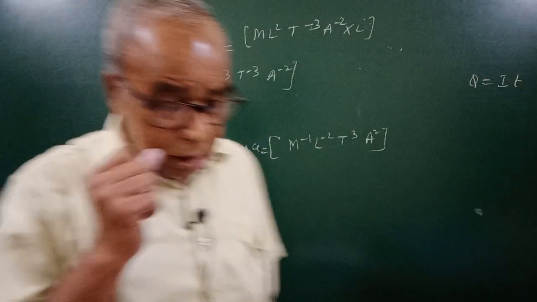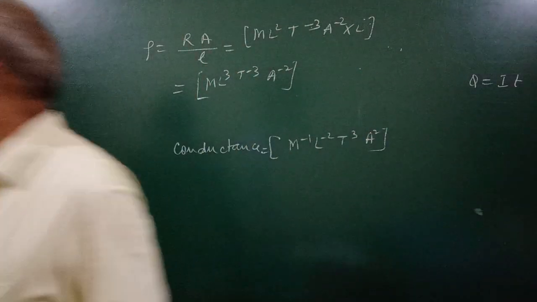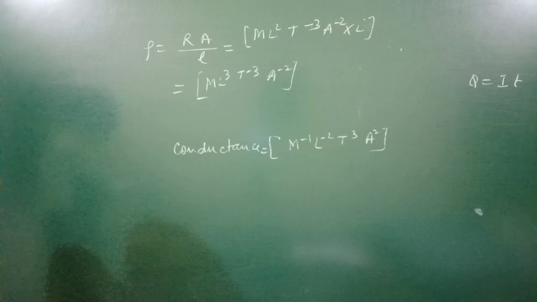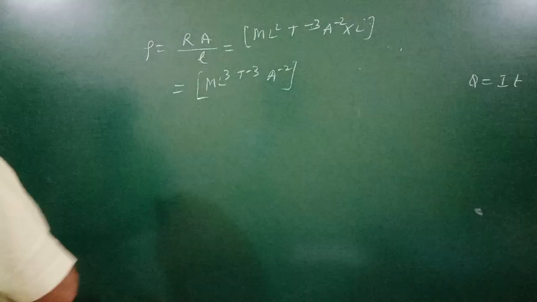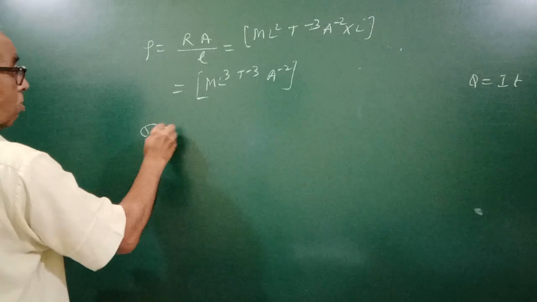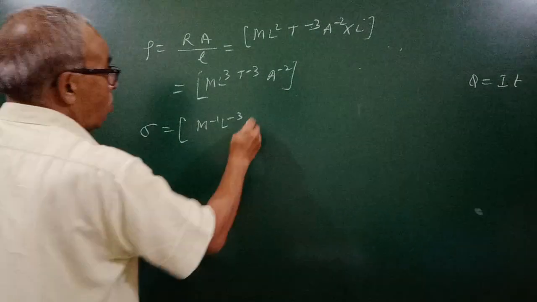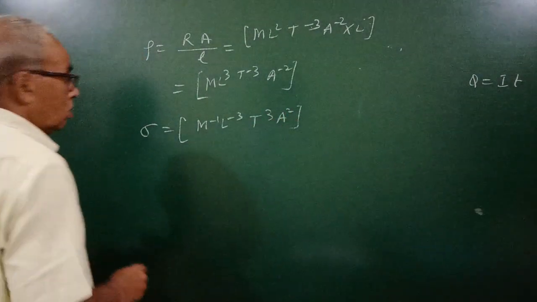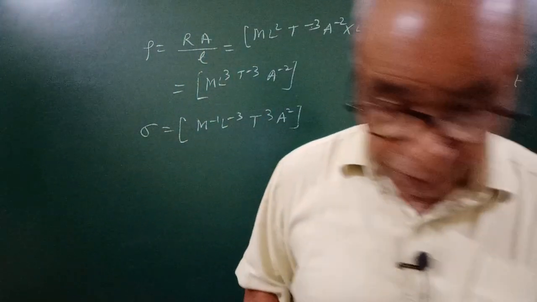Actually all these things come from practice. If you keep on practicing, you will get everything easily. Now conductivity sigma is very simple: M^-1L^-3T^3A^2. So keep on doing this practice also.